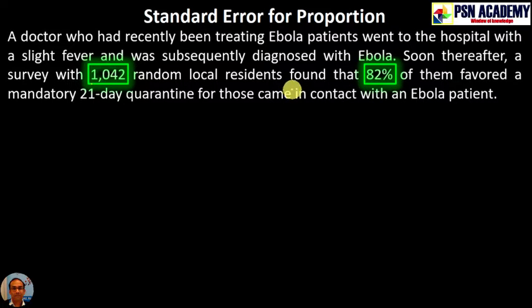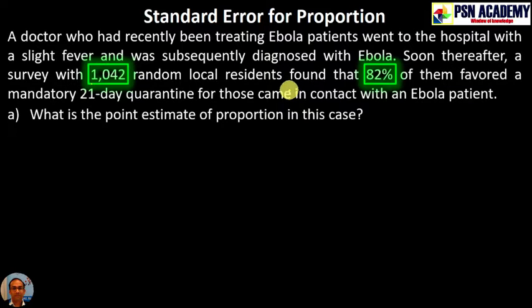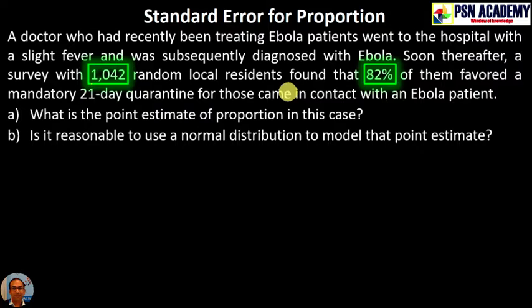Okay. Now, there are 4 questions we have to solve. First question, what is the point estimate of the proportion in this case? Second question, is it reasonable to use a normal distribution to model that point estimate? Now, why are we interested in placing this problem in a normal distribution? Because in a normal distribution, we have the advantage of z values.